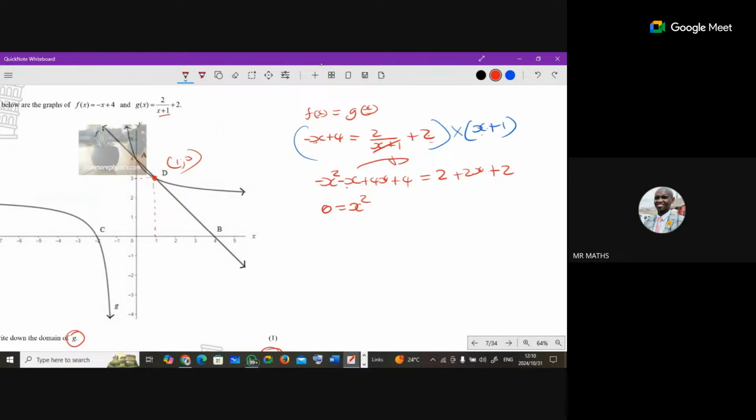Positive 3x, then the negative 2x comes in. Negative 3x plus 2x will give us negative x. Then 4 and 4 cancel each other, so there will be 0. So our expression will look like this.